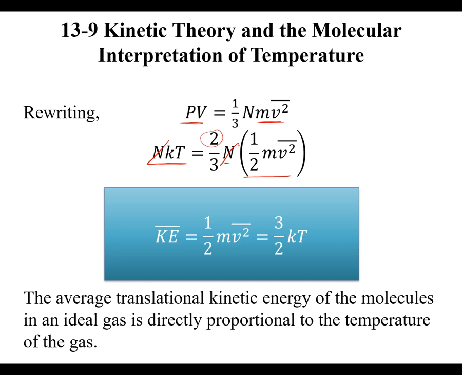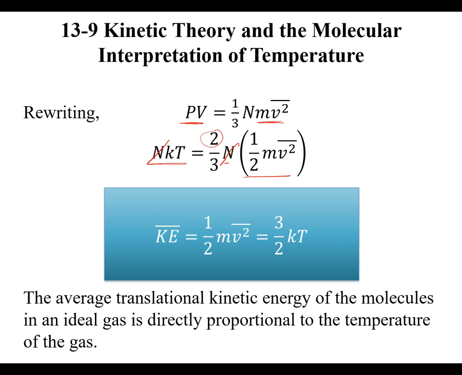Now, at the beginning of this chapter, we defined temperature as a measure of the average kinetic energy of molecules. And now you can see exactly why we defined it that way. Temperature is a measure of the kinetic energy of the molecules in an ideal gas.